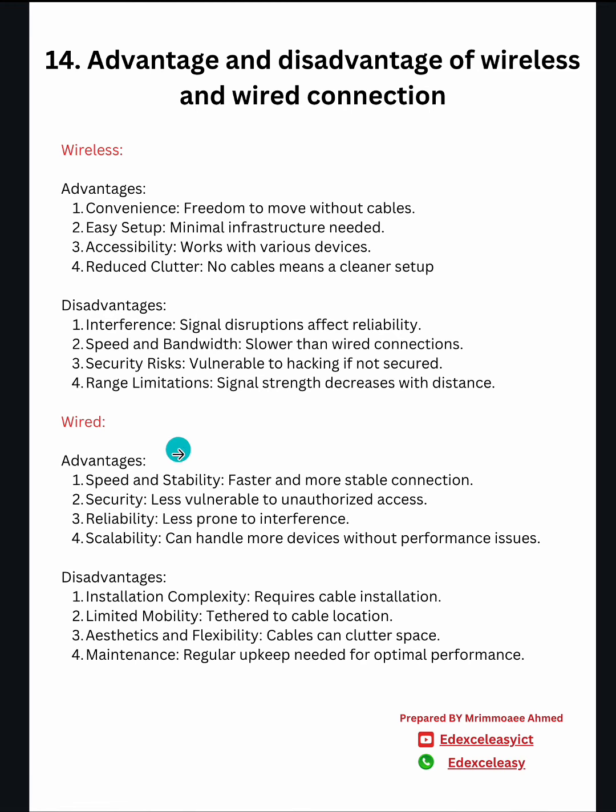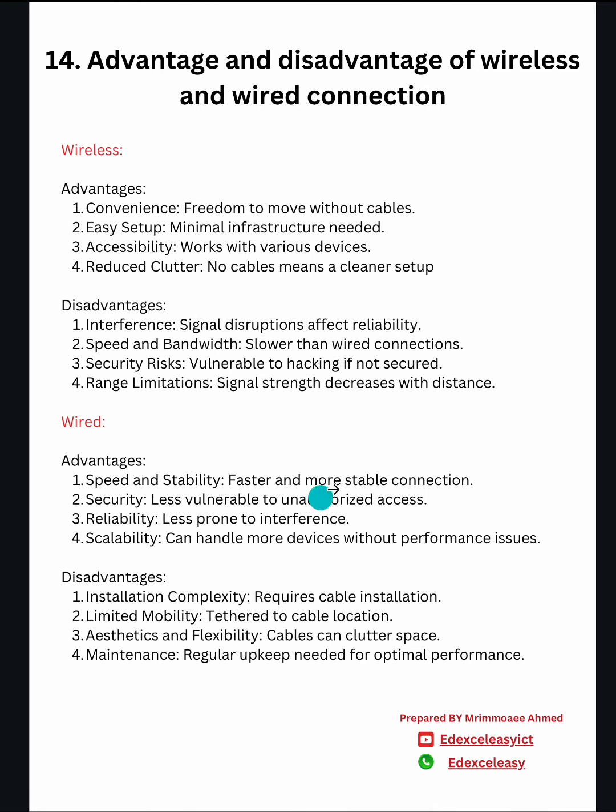And then wired is a faster and more stable connection compared to Wi-Fi. Wired is less vulnerable to unauthorized access. That means security is higher. It is more reliable because there is nothing to interfere, because there is a barrier. It has more scalability, it can handle more devices without performance issues, right?